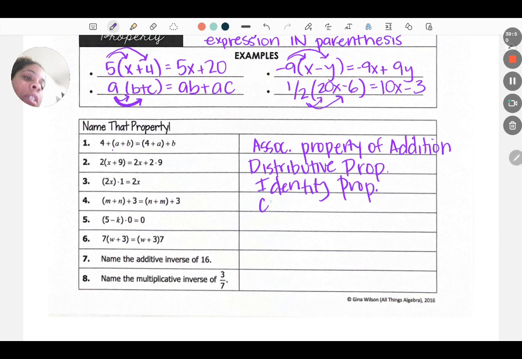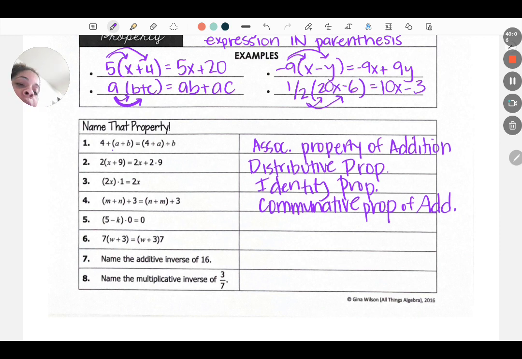So I know this is the commutative property of addition. I'm just going to do short, sorry.